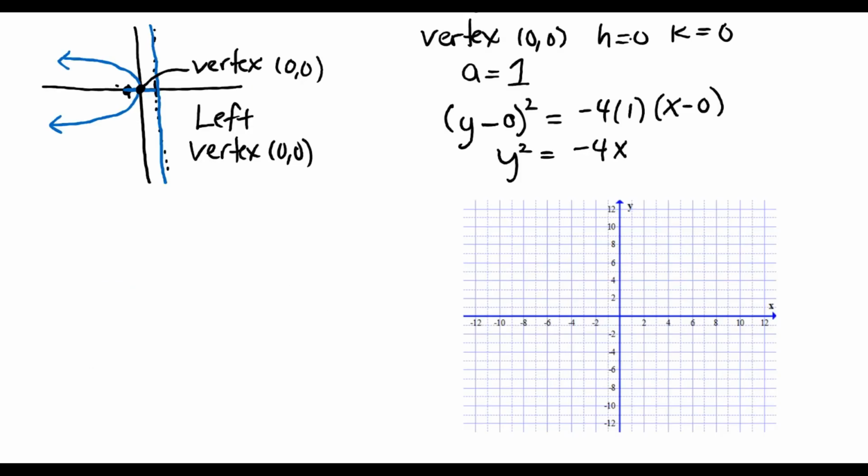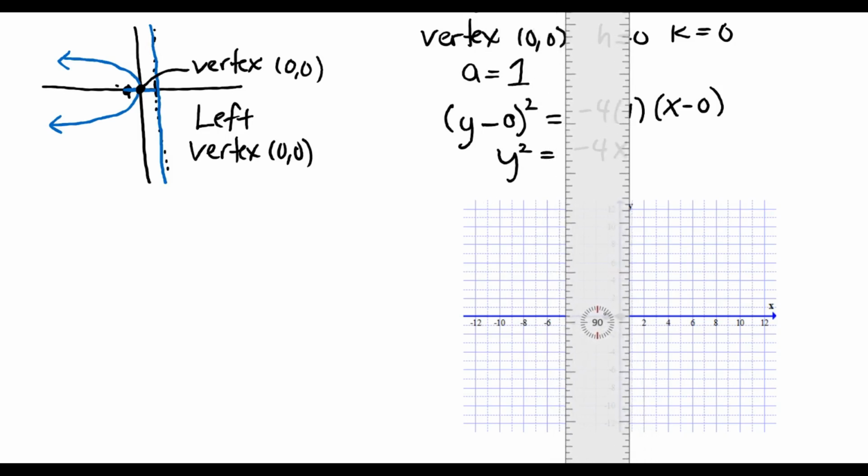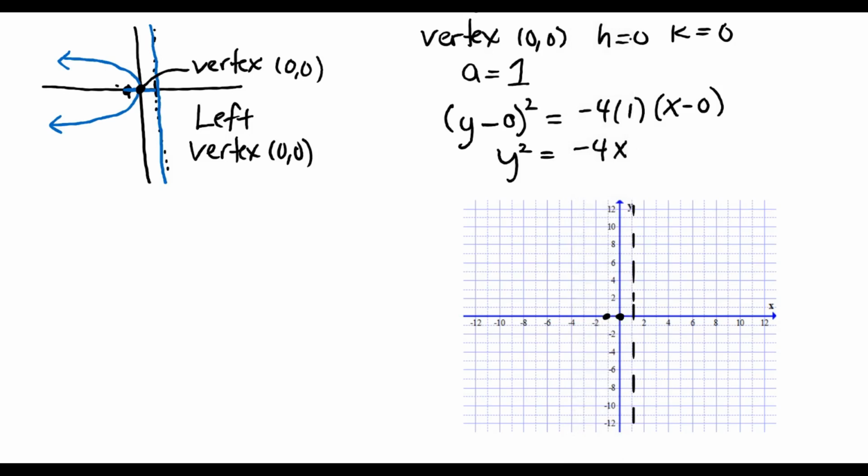Let's draw a little bit more detailed picture. So we said we have a vertex at 0, 0, a focus at -1, 0. The directrix is along the line x equals 1. And I want to find the latus rectum points.